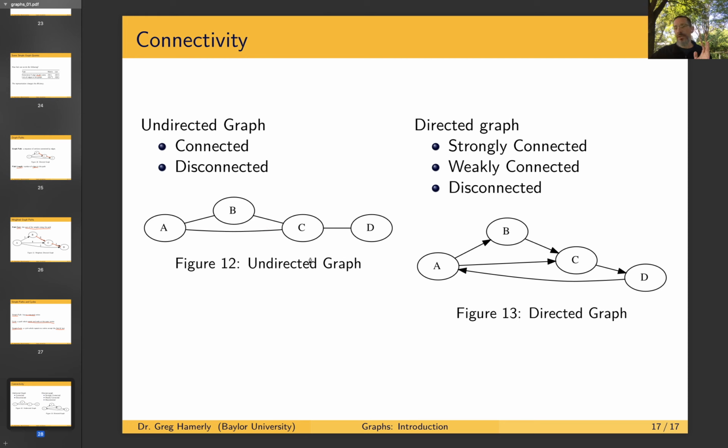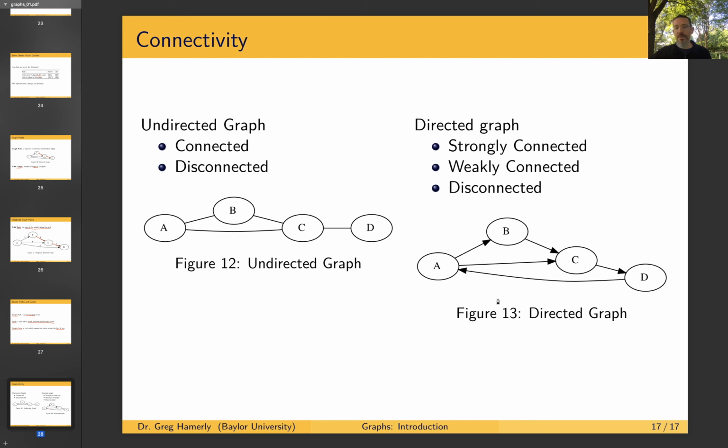Now things are just slightly more complicated, or at least more nuanced, with a directed graph. With a directed graph, we can say that they are strongly connected, weakly connected, or disconnected. Now the sense of disconnected is the same sense that we had over here for an undirected graph. So in other words, let's start there. If I were to just lop off all three of these edges, I would end up with a disconnected directed graph.